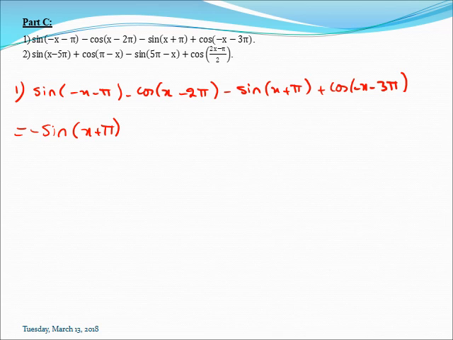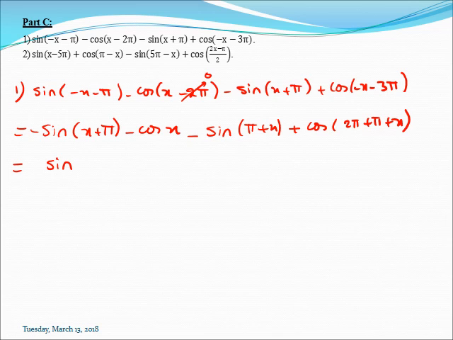Here also take common, but here minus 2 pi is 0, so minus cosine x minus sine pi plus x, take common, so cosine minus alpha is equal to cosine alpha plus cosine 2 pi plus pi plus x equal sine pi plus x.